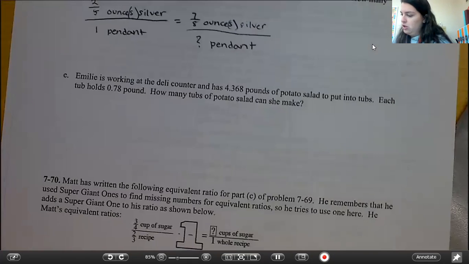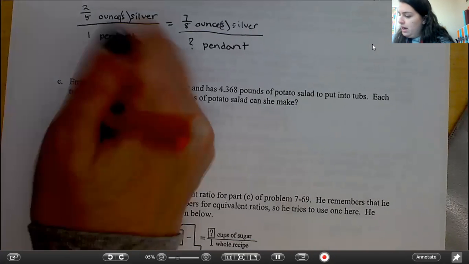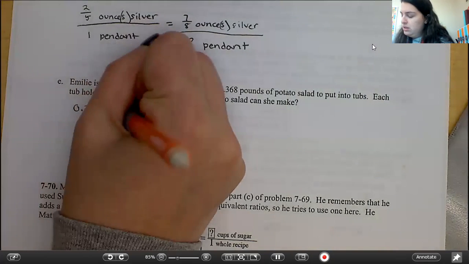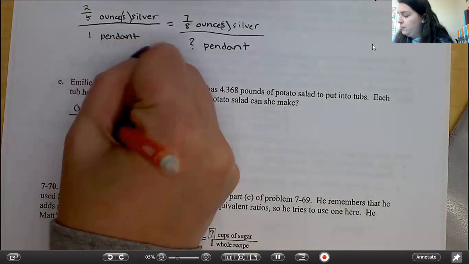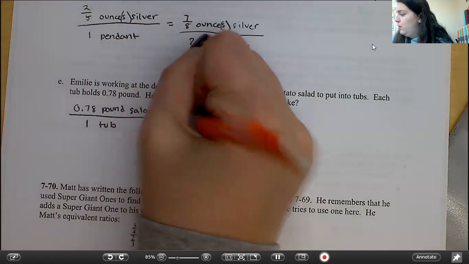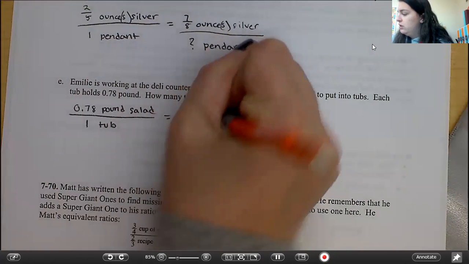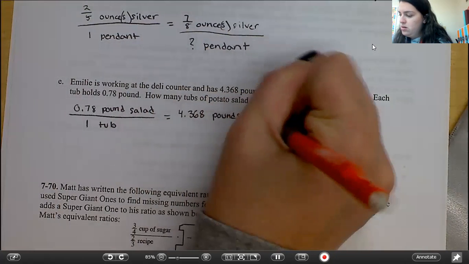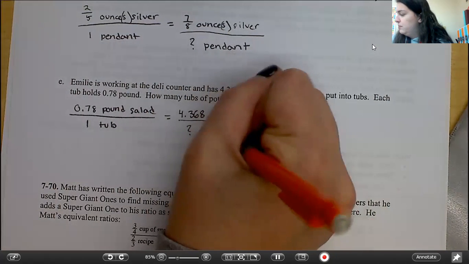Finally, E is talking about the deli. If we have 7/8 hundredths pound of salad in one tub, we want to know how many 4 368 thousandths pound salad is going to be how many tubs.